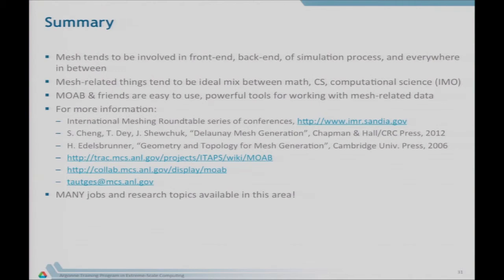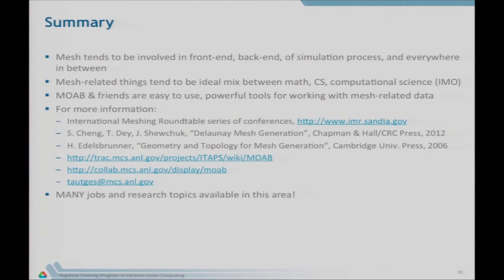A recent book just came out on Delaunay mesh generation, and these guys are some of the top guys in the field and are really, really rigorous. So if you want a look at a good meshing book, look there. Herbert Edelsbrunner is a topologist, but he's written a fairly small 100-page book on geometry and topology for mesh generation.